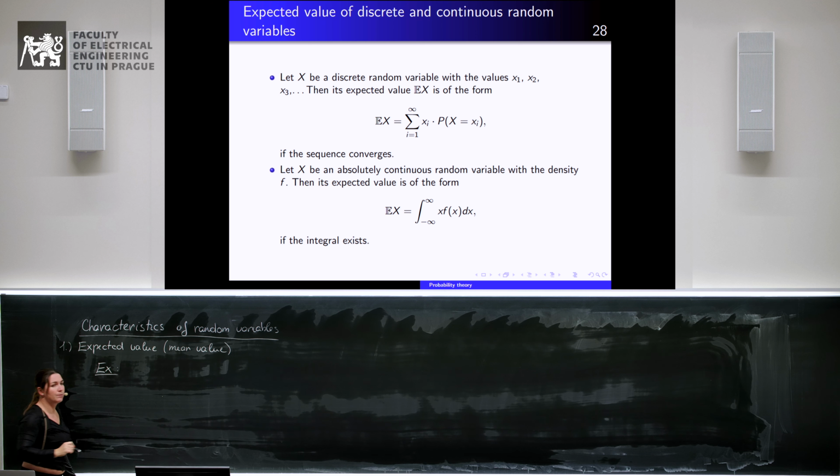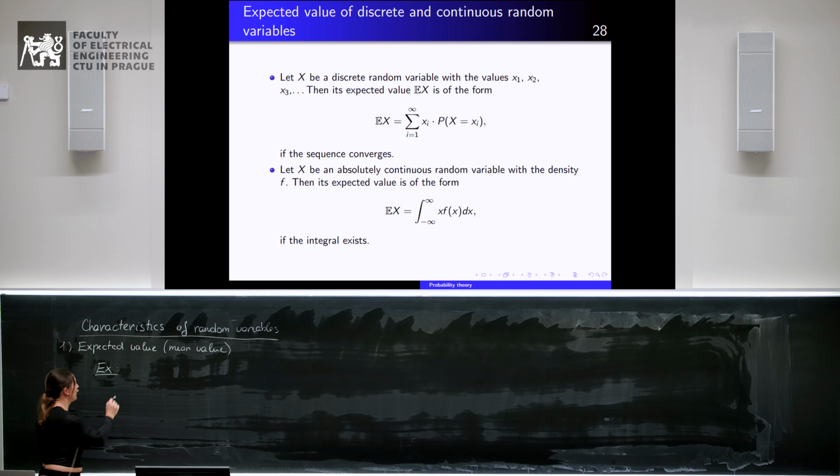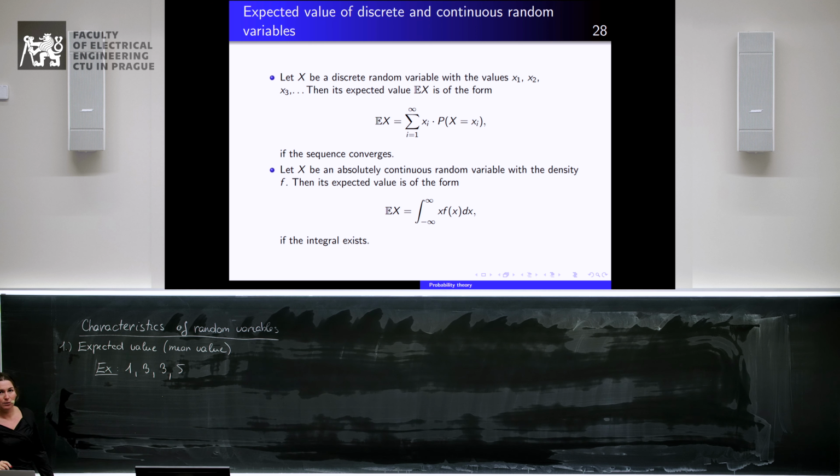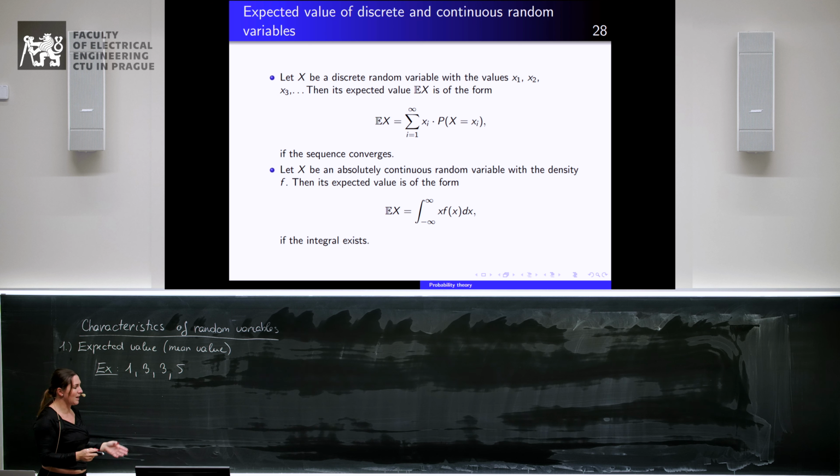So let's suppose that we have, let's say, 4 balls, and there are numbers on the balls. Number 1, number 3, number 3, and number 5. What is the mean value of these 4 numbers?